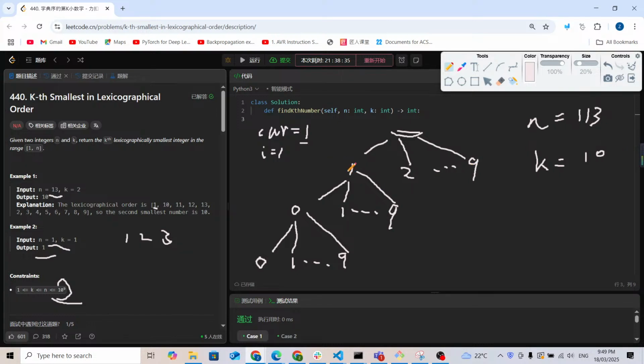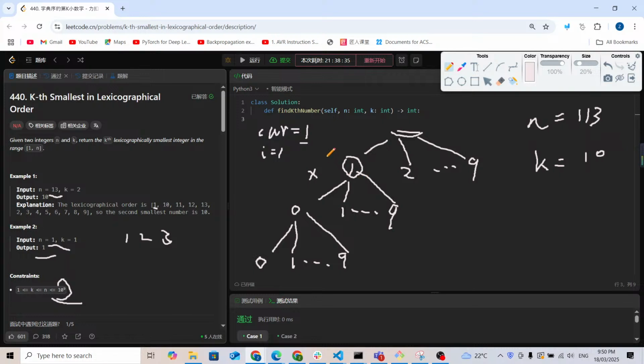But how can we count? Do we know from this number 1, including its children, how many numbers are in this branch 1, where all those numbers should be less than or equal to 113? Let's imagine if we know it, the total number is x.